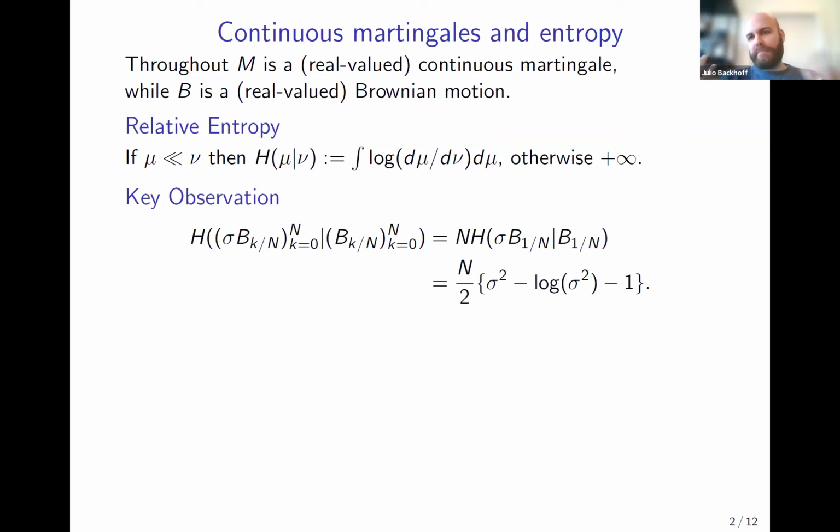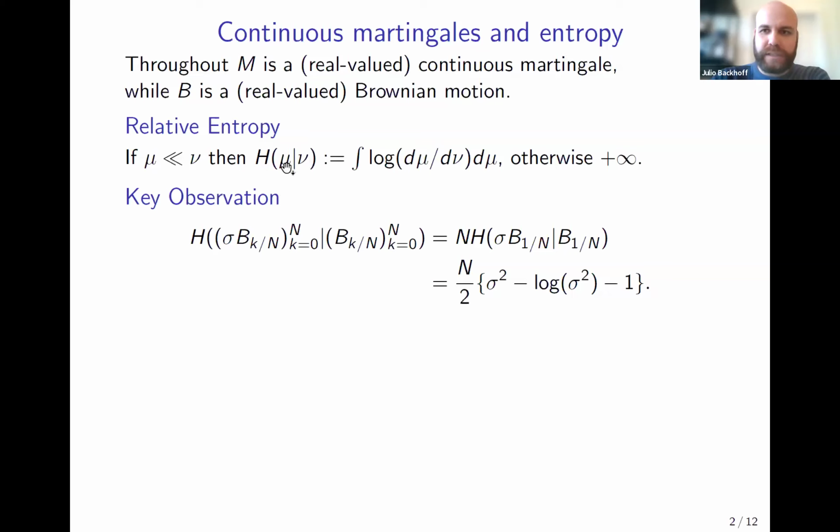Now, maybe the key observation for this area and this talk is the following little computation. Obviously, when I have relative entropy, I will write either probability measures here or the laws of random variables, laws of random vectors.